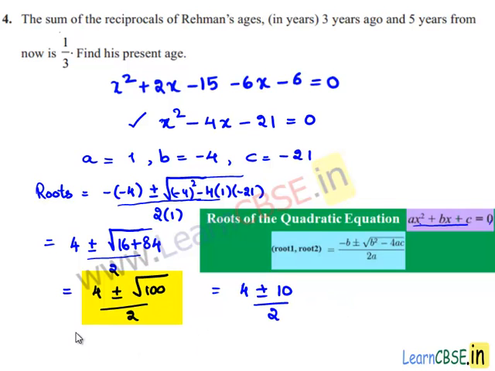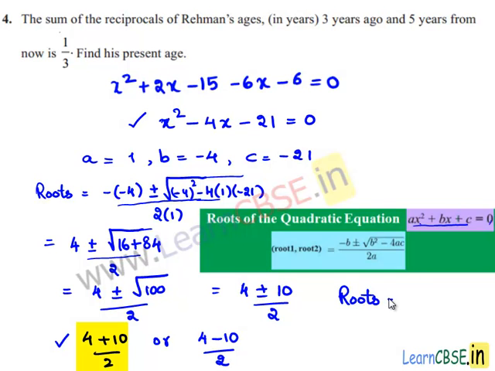So the roots can be 4 plus 10 divided by 2 or 4 minus 10 divided by 2. So if we take 4 plus 10 divided by 2, 10 plus 4 is 14, 14 divided by 2 is 7, or 4 minus 10 is minus 6 divided by 2 is minus 3. Since the age of the person cannot be negative, minus 3 can be ignored.